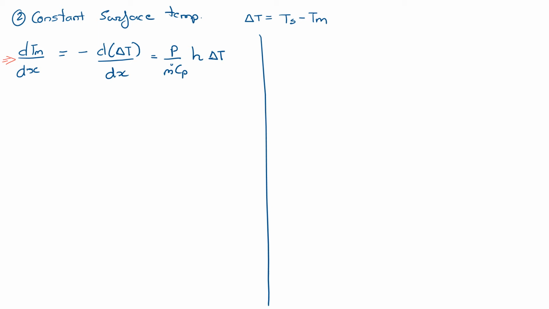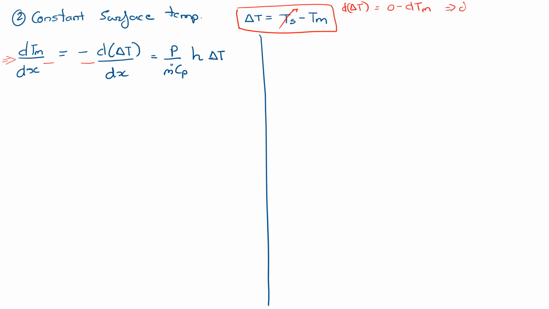Now you may ask, how is this equal to this? What I've done is I've just differentiated this equation here. If I want to find d of delta T, because we have a constant surface temperature, the differentiation of Ts will be 0. So 0 minus dTm.